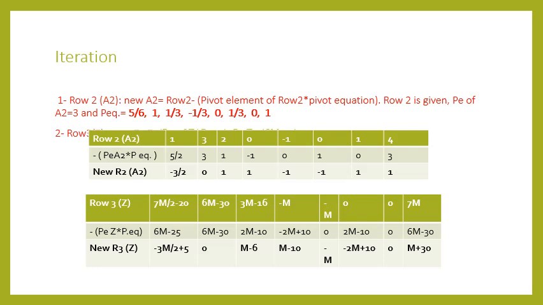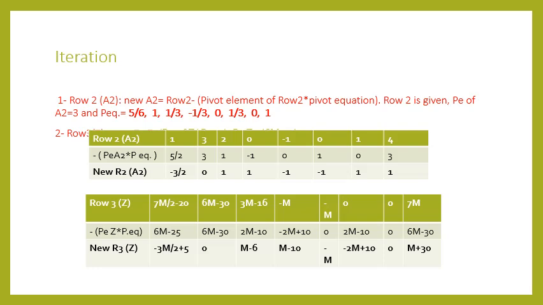These results should be subtracted from the original A2. The new A2 is given -3 over 2, 0, 1, 1, -1, -1, 1, 1. These values should be the values of A2 in the next table.